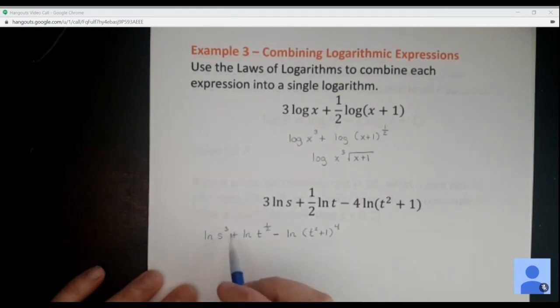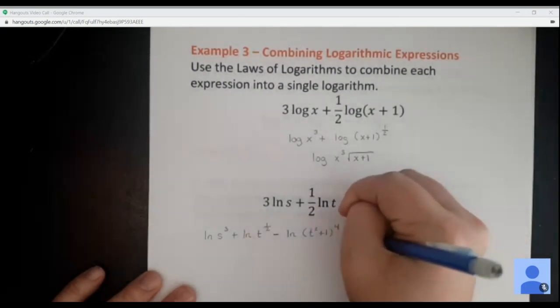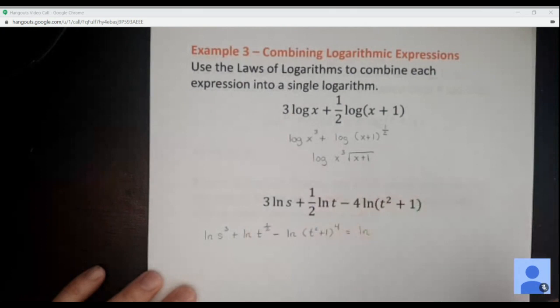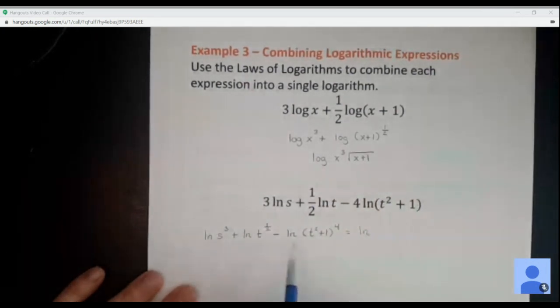Okay, good. So we have this addition here, so we can combine those using multiplication. That's going to give us natural log. Now notice here, right, we've got all natural logs, so we're going to be able to put all of them together. So we know these are going to become multiplication. This one, though, is going to become what? Division, right?